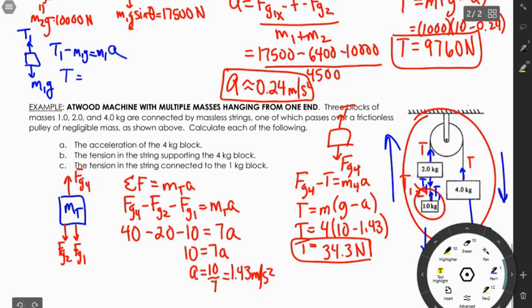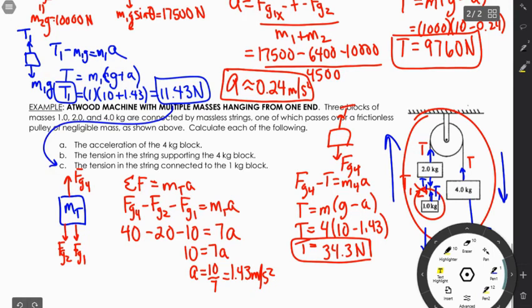This tension is going to be M1 times G plus A. Yes, that's right. So it's going to be 1 times 10 plus 1.43, which is just going to be 11.43, right? I'm going to follow the arrow. That's going to be our answer to part C there.